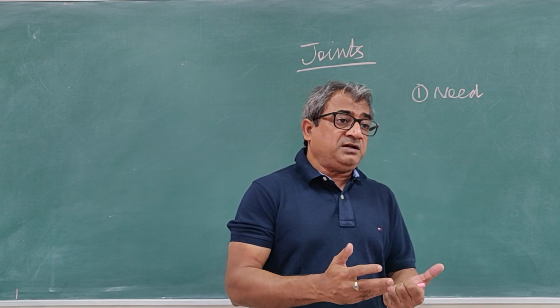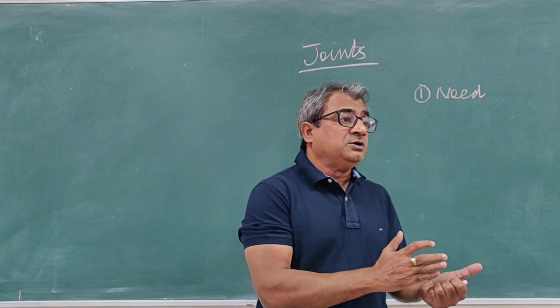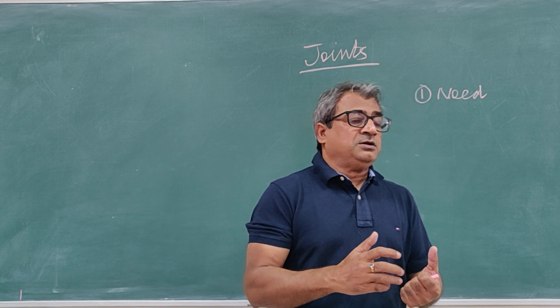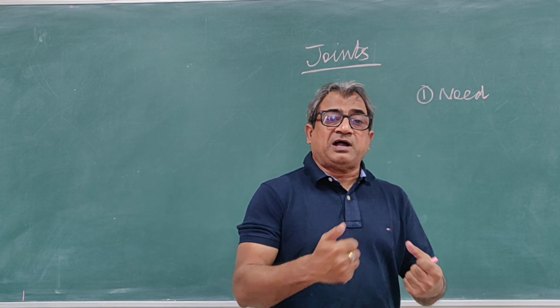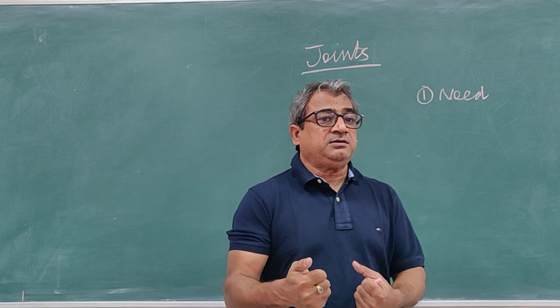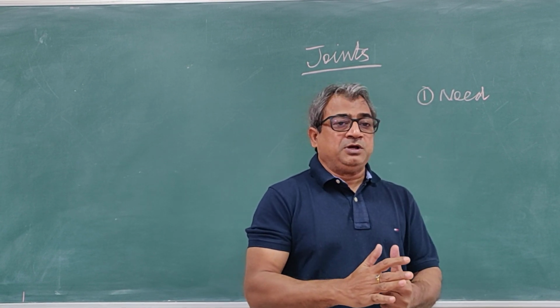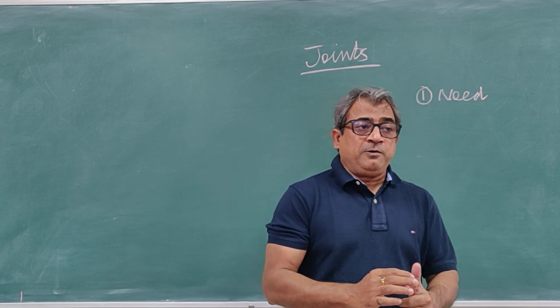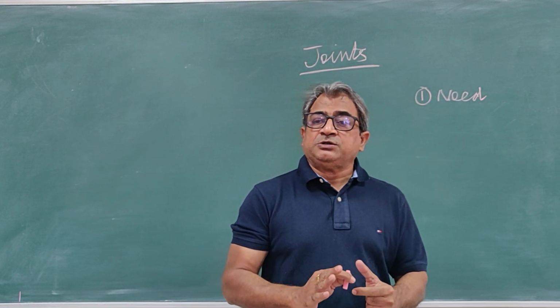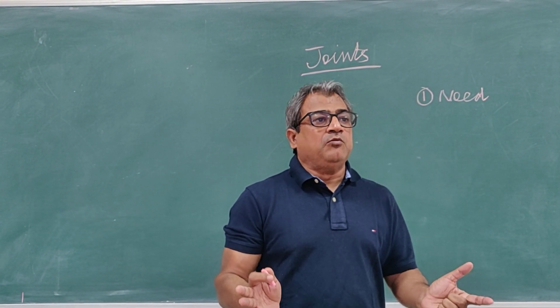So another kind of joint there is between the muscle and the bone. So we find there are a lot of joints around the conventional joint: bone to bone joint, bone to cartilage joint, bone to aponeurosis joint, bone to muscle joint, so many things. So it's a complex structure. So the need of the joint primarily is to provide a variety of movements.